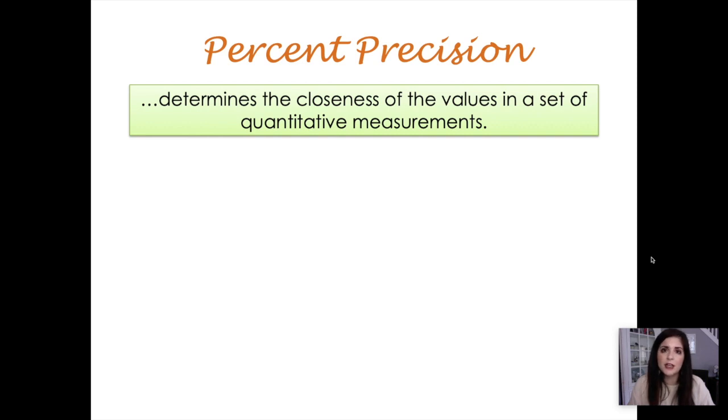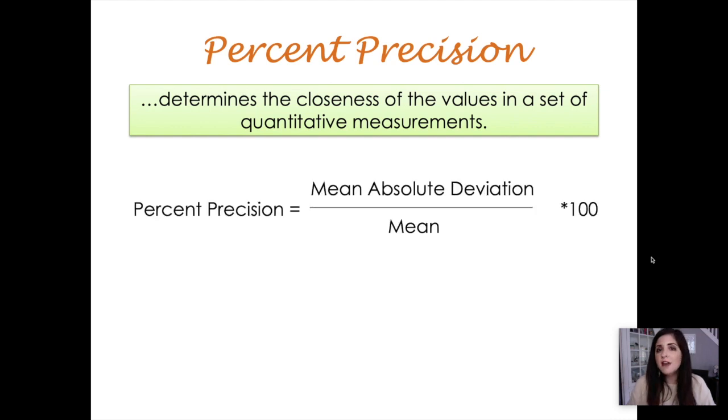I love to say those words because I think they're really important, just in vocabulary in general. And the way we find the percent precision is we take the mean absolute deviation divided by the mean of a set of values, and we're going to multiply that by 100. Again, because it's a percent, we have to multiply by 100.